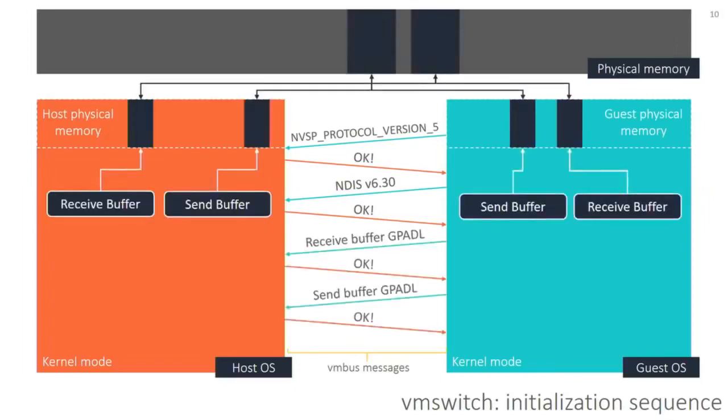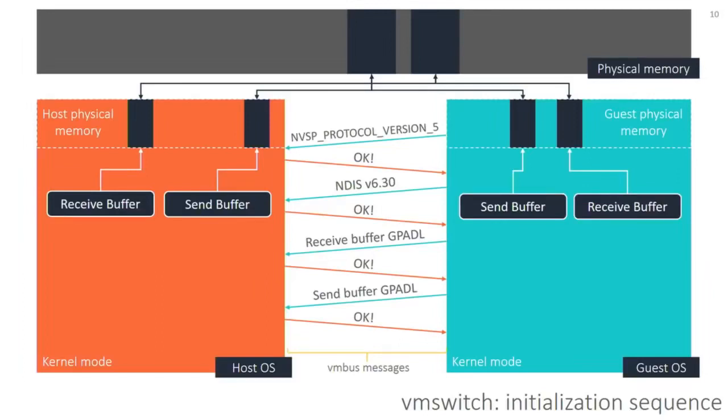The thing that is going to happen here is that the guest OS is going to allocate two buffers, one called the receive buffer and one called the send buffer. Both are going to be shared memory buffers. Like mentioned earlier, they're defined as GPADLs allocated by the guest.